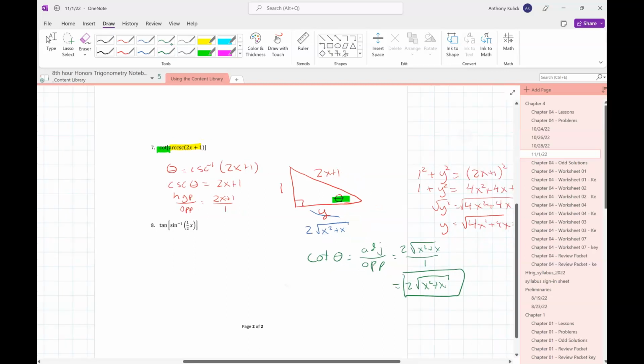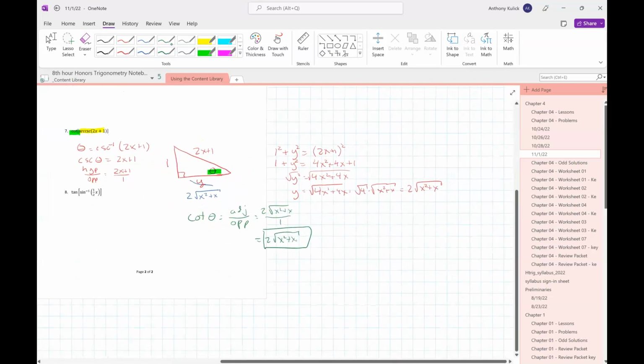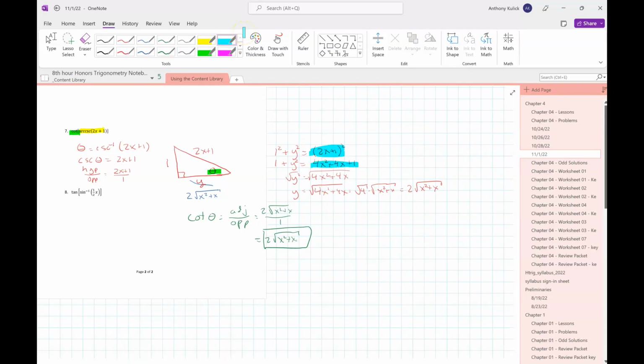What's the most common mistake there, assuming you remembered how to do it? It's forgetting to FOIL on that step. Many of us would probably just try to distribute the exponent and say that's 4x squared plus 1. Or even worse, 2x squared plus 1, and only distribute the exponent onto the x and not onto the 2 also.